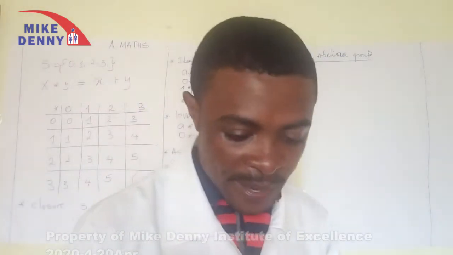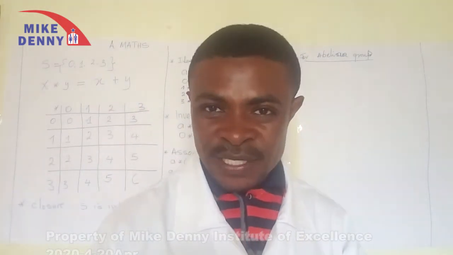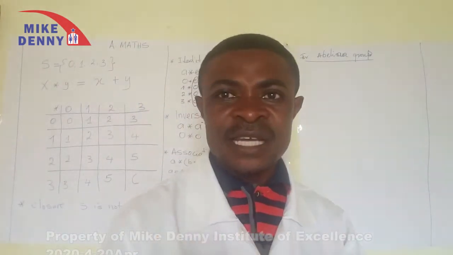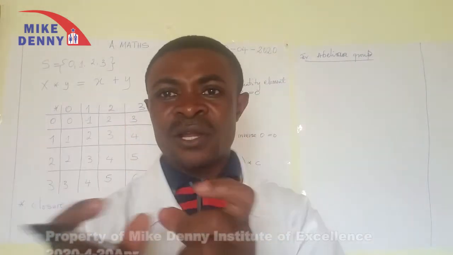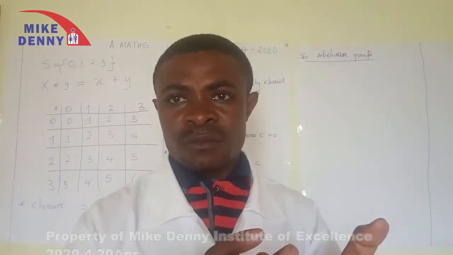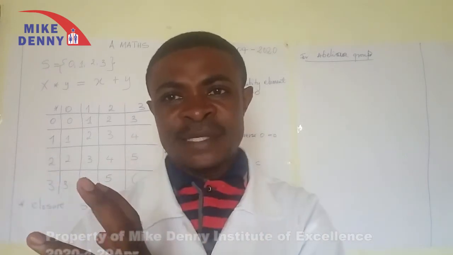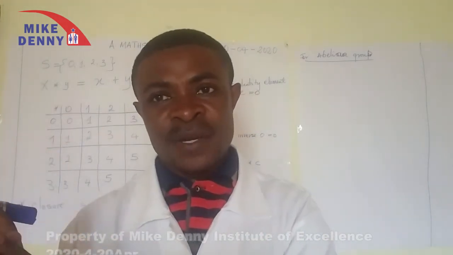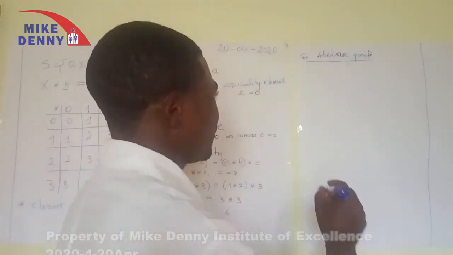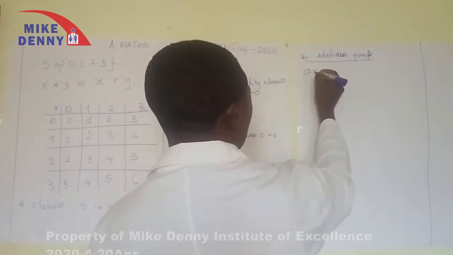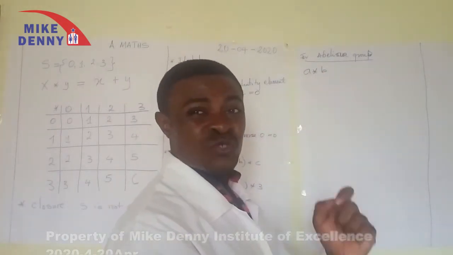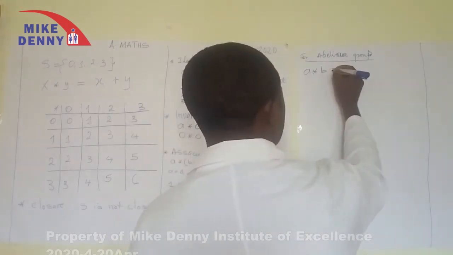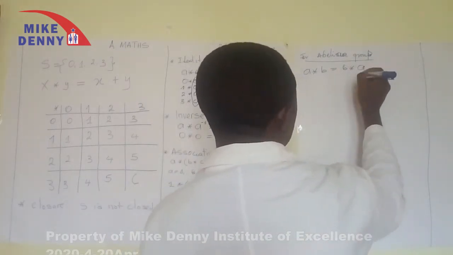For a group to be abelian, it should be commutative. Commutative here in the sense that if you take any two elements and you carry out an operation, the result should be the same as when you reverse the position of the elements. What am I saying in essence? If I have an element A and I'm operating with another element B, it should give the same result as when I take B and operate with A.